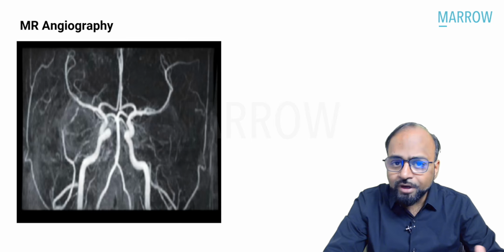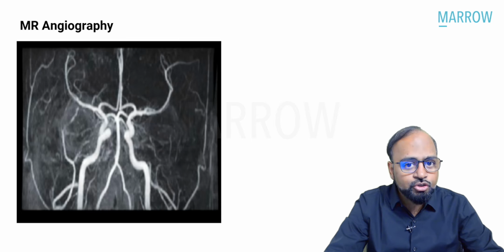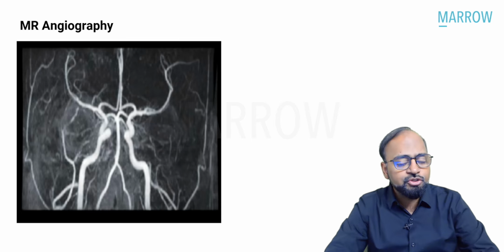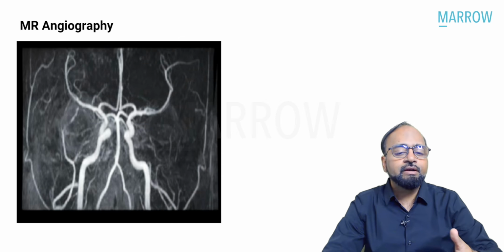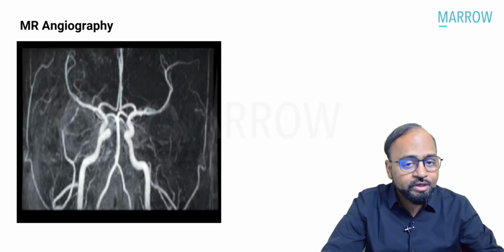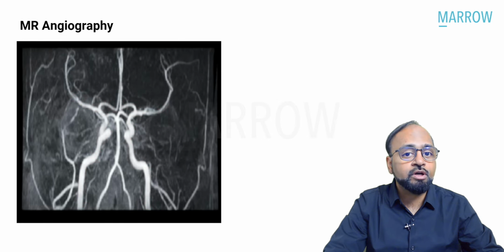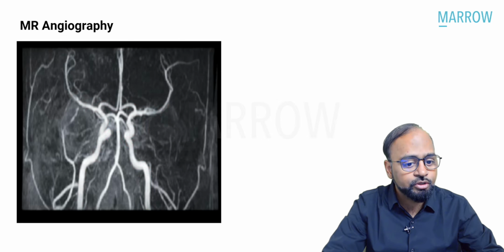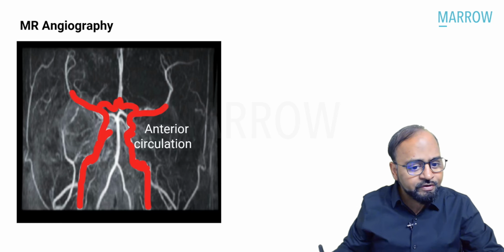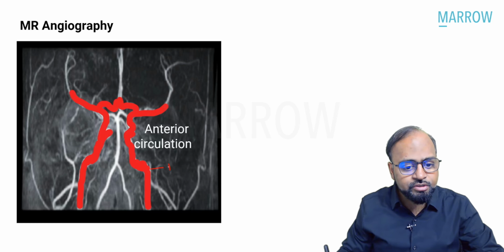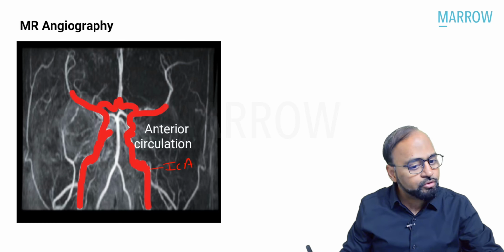Now, if you look at this MR angiogram, though an MR angiogram is predominantly done while doing an MRI brain to look at the intracranial vessels, let us look at them first. These major arteries comprise the anterior circulation. Can you identify the arteries in the anterior circulation? This is the internal carotid artery.